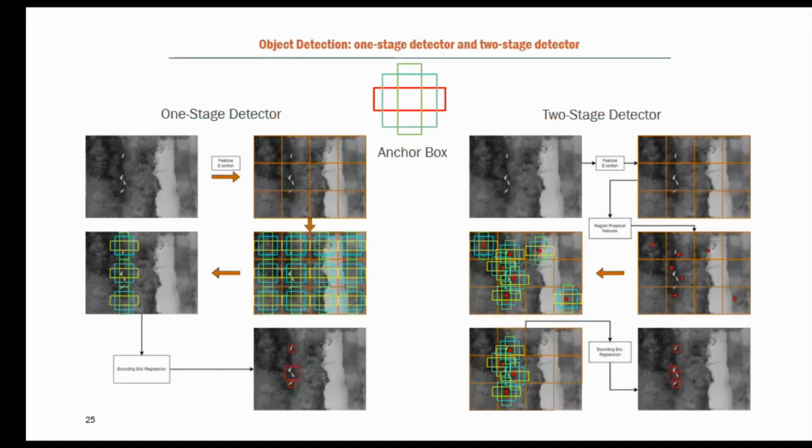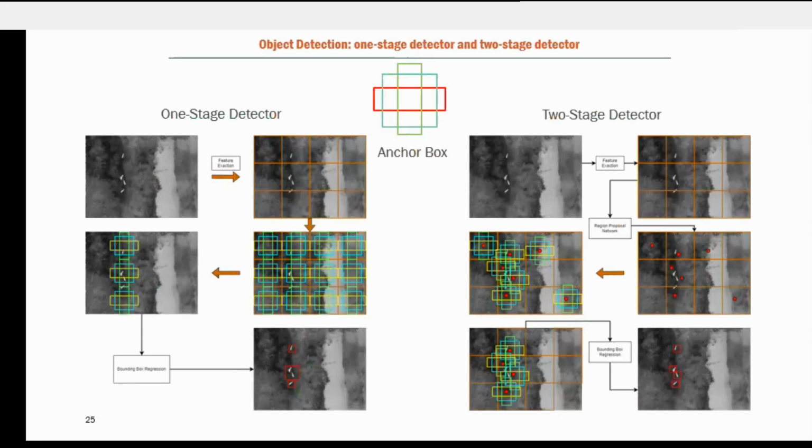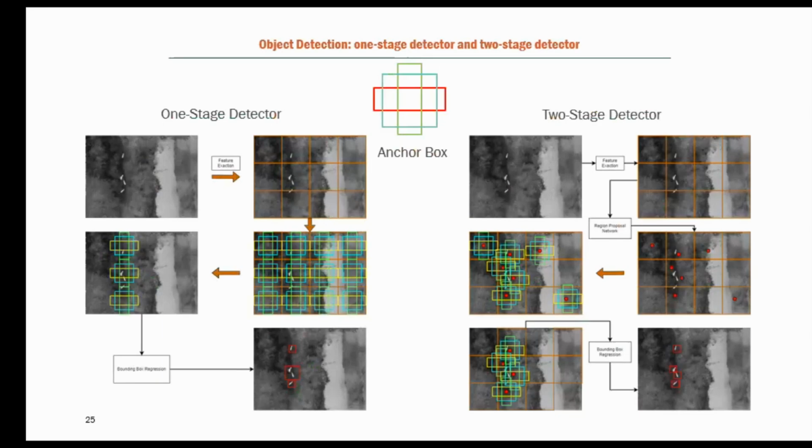Regions of interest is also called ROI. But the two-stage detector will use an extra module to predict the possible regions. Only these regions will be regarded as regions of interest.